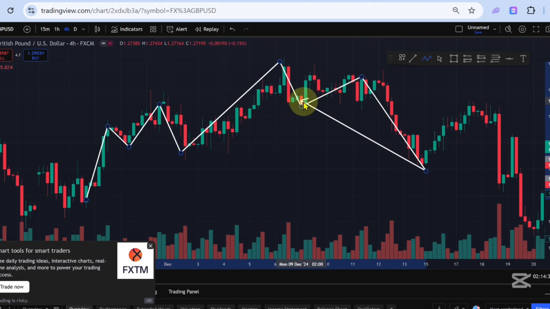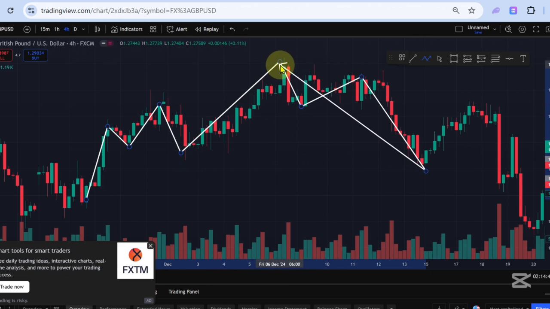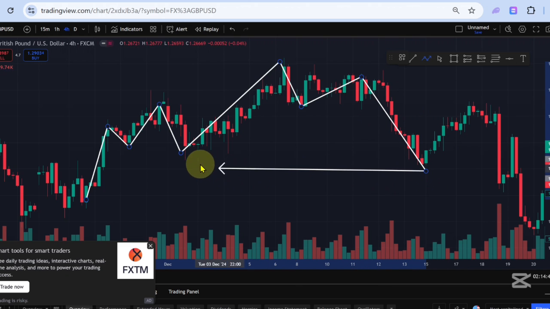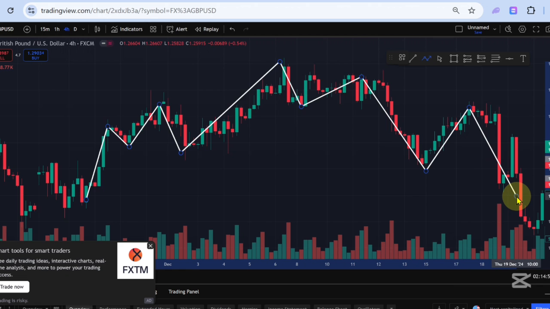The reason why I counted this as a low is because this particular low gave this higher high right here. So when price goes down below this particular low that created this high, the market changes from an uptrend to a downtrend. You can see what the market created was now a lower high and then it went down.